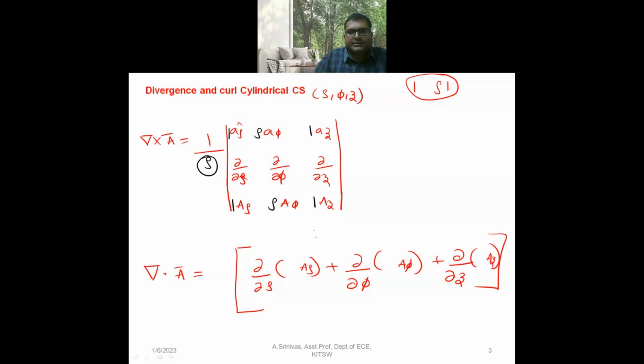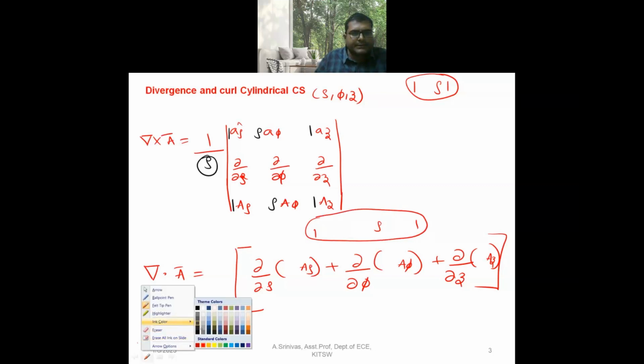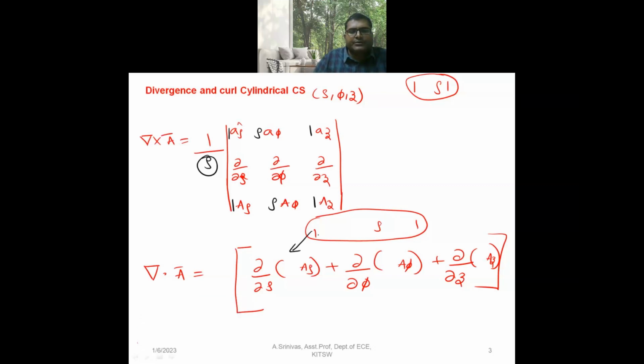Now here the notation is 1 rho 1. The LCM component: 1 into 1, rho into 1 is rho, so the LCM component is rho. Here 1, its LCM component is rho, 1 by rho. Likewise, you can write the divergence and curl in cylindrical coordinate system.